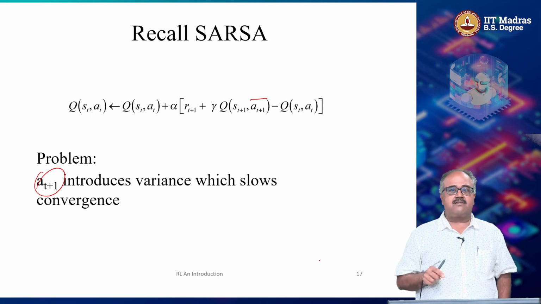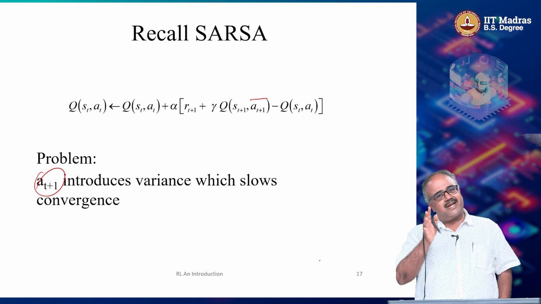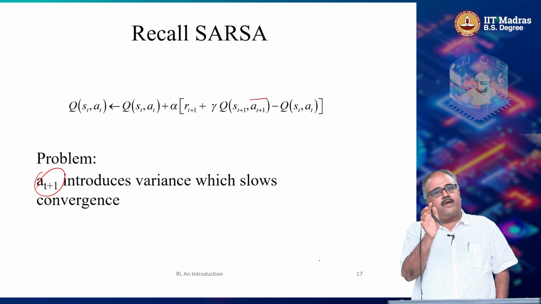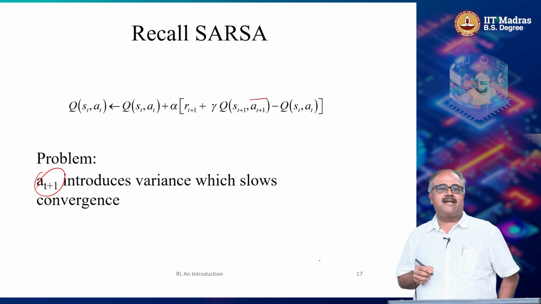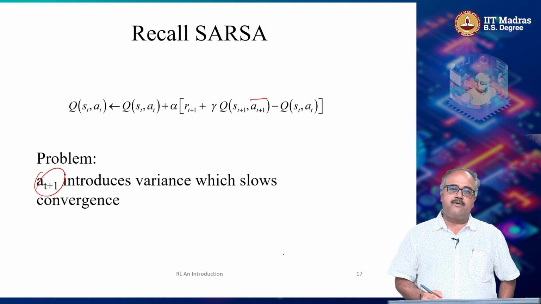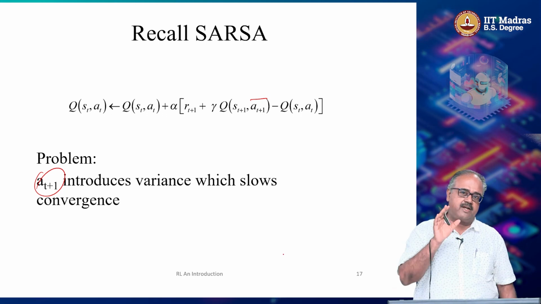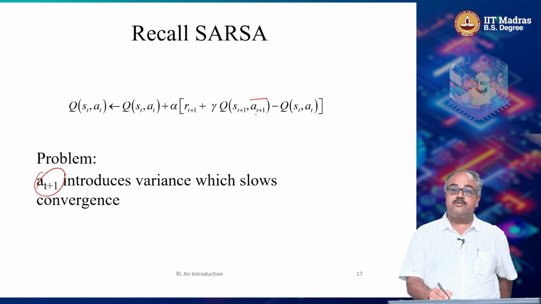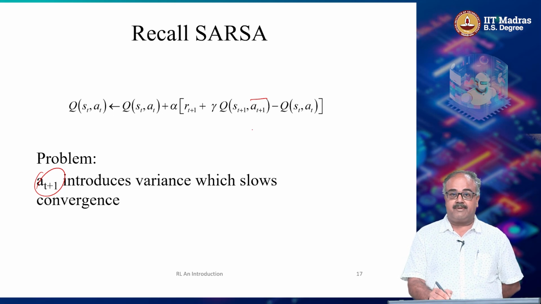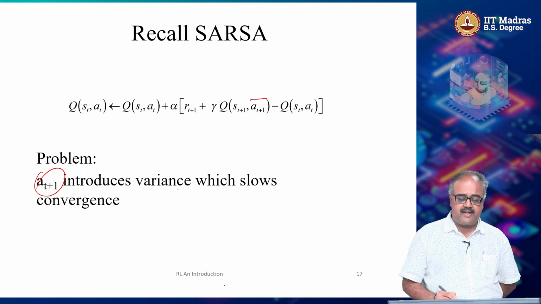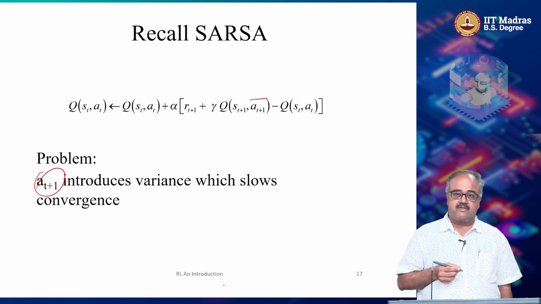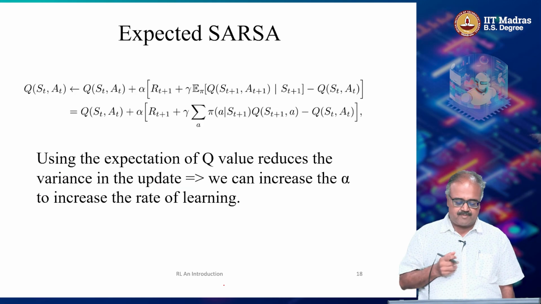While when you're doing max over all possible next actions, you're slowing down how quickly the next action changes. But when you're actually doing this, your epsilon greedy or softmax, whatever you're using, is going to cause you to change your action rather rapidly. So this can introduce variance and slow down convergence. So that is a problem.